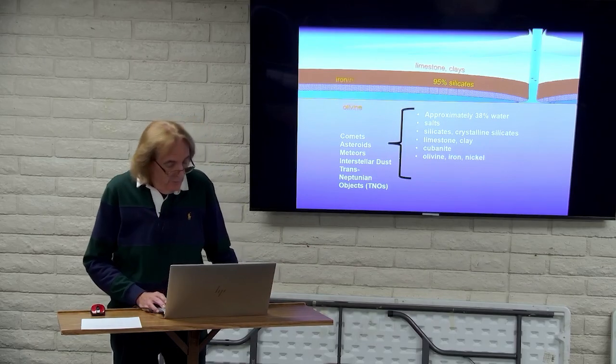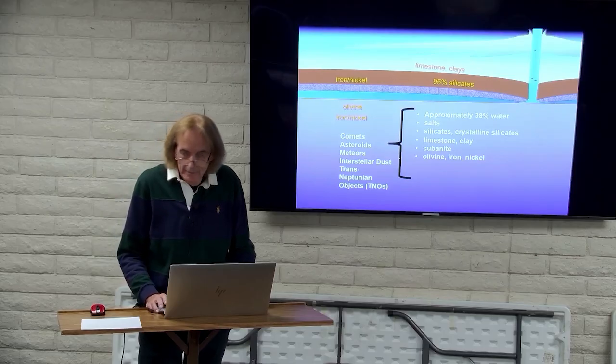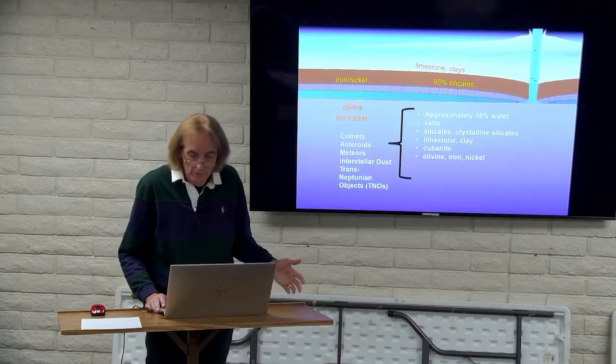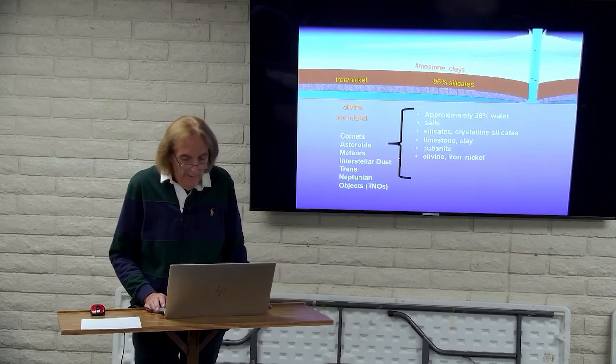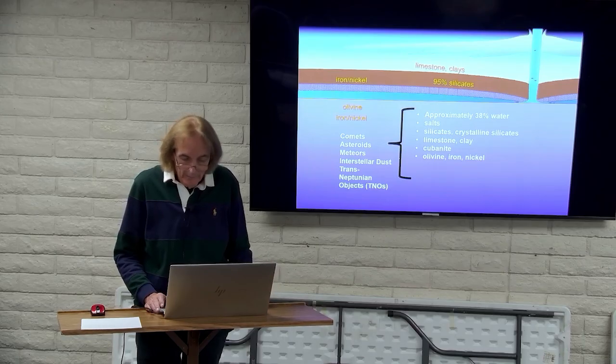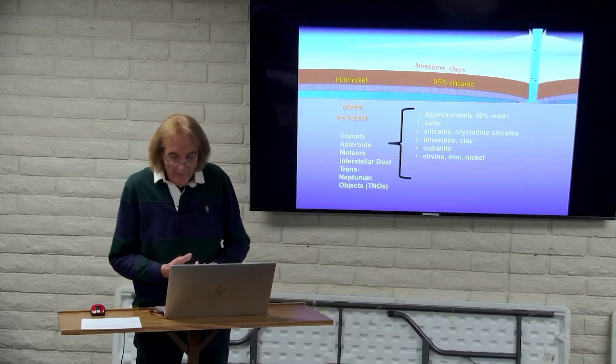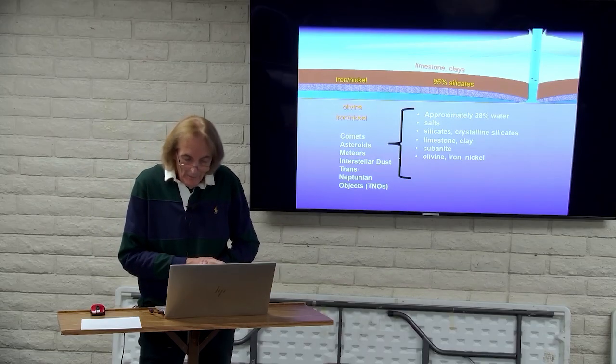Comets, asteroids, and meteors also contain a common silicate mineral found in Earth's crust and mantle called olivine, known as olivine due to its olive green color. And it's also concentrated with iron and nickel in some meteors. It seems like quite a coincidence that this mineral is not only found on Earth, but in these objects in space as well.